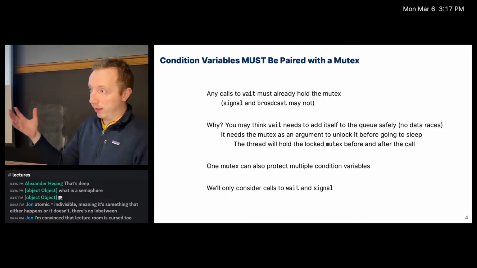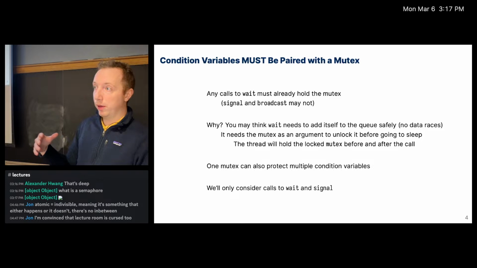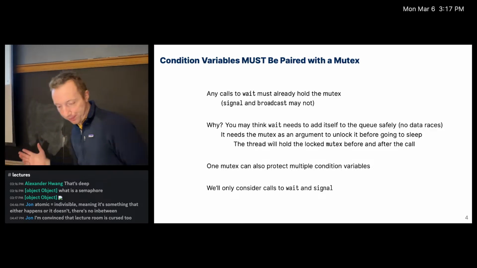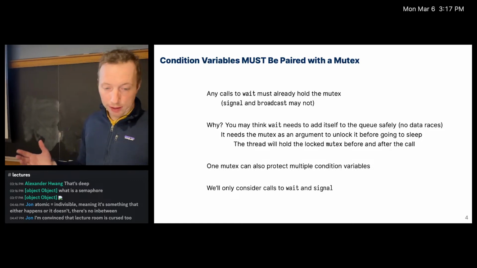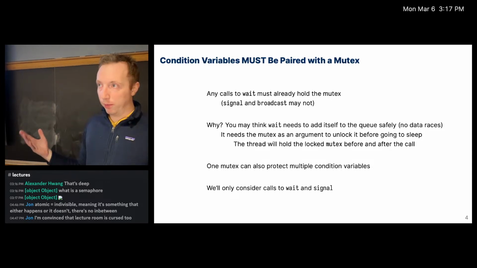So the lock is held when you call it, you go to sleep for an amount of time, someone signals and wakes you up, and then you have the lock again when you return, and you can keep on going. One mutex, if you want, can protect multiple condition variables, and again, we only need to consider wait and signal.